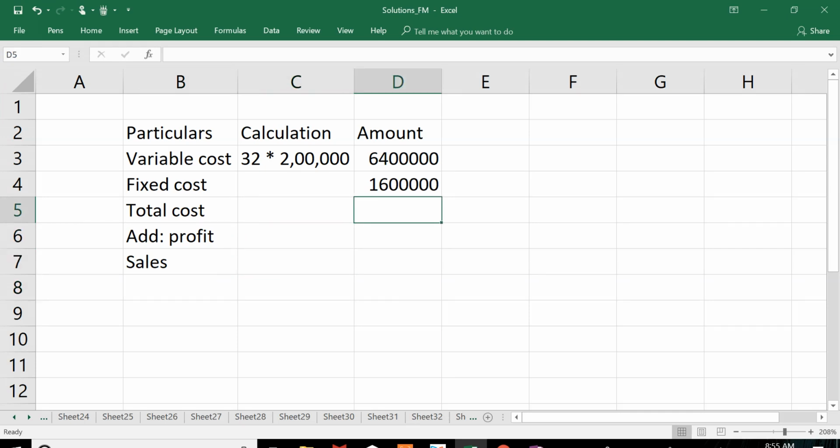Total cost, add profit and then sales. Profit is 25%.